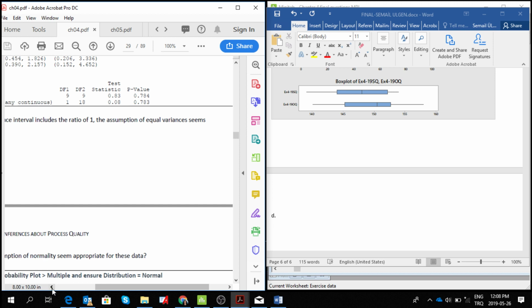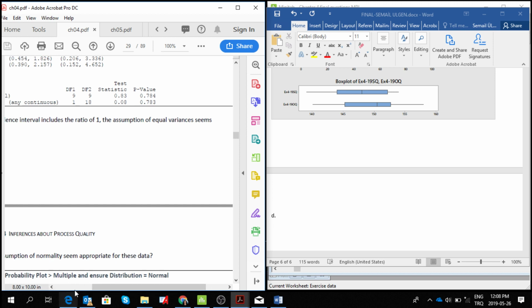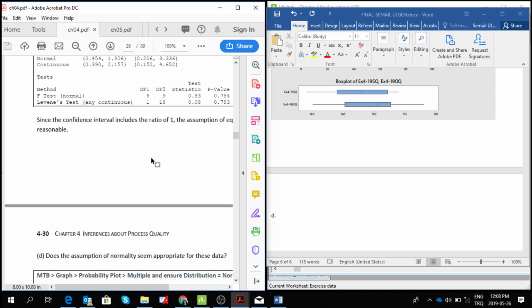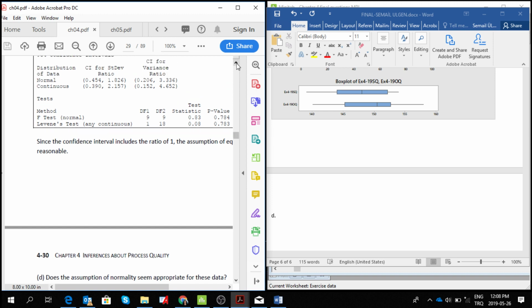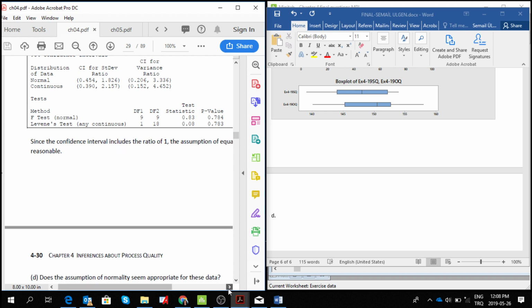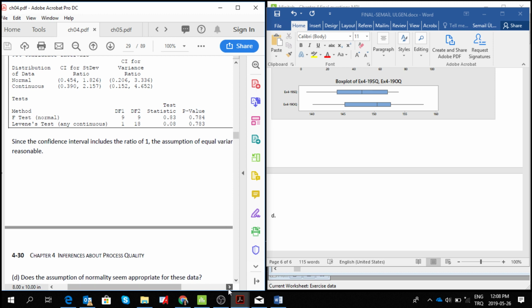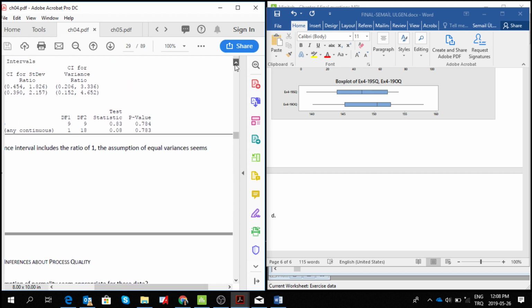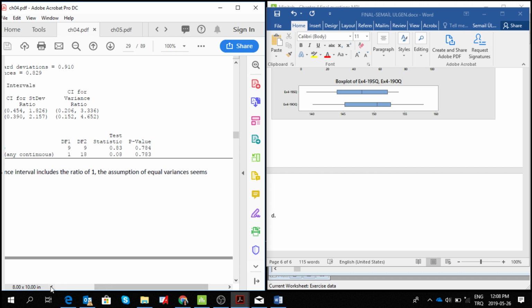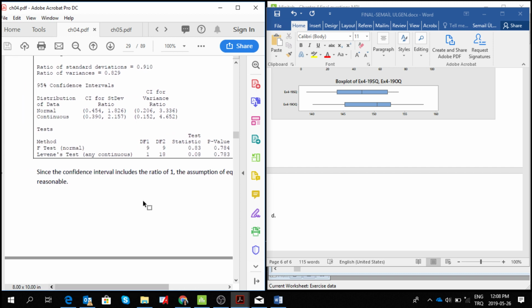Okay, so the assumption of equal variances, does it seem reasonable? That was the question. So we can look at the interval. Where's our interval? Here's our confidence interval. We have been given this information here.